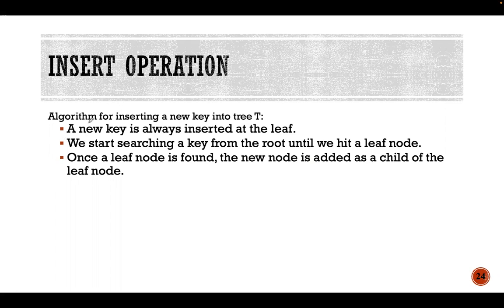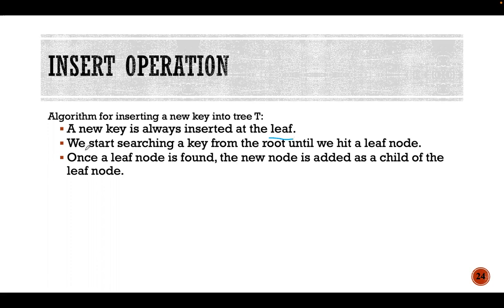So the way the algorithm works for inserting a new key into the tree: we are always going to insert the new node as a leaf node. We're not going to insert it as a parent of any other node. So the new node will always be inserted as a leaf node.